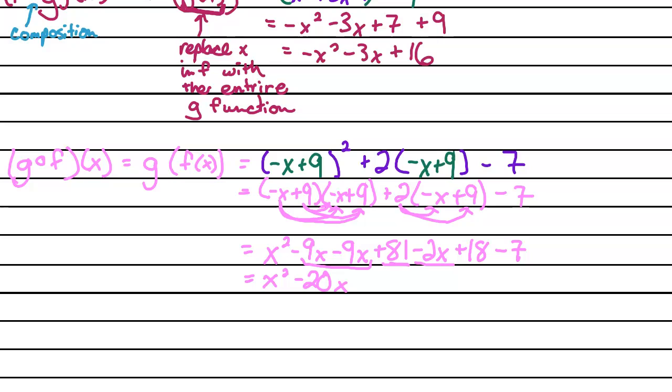I have a positive 81 and a negative 7, so that would give me a positive 74 there. So g of f of x would be x squared minus 20x plus 74.